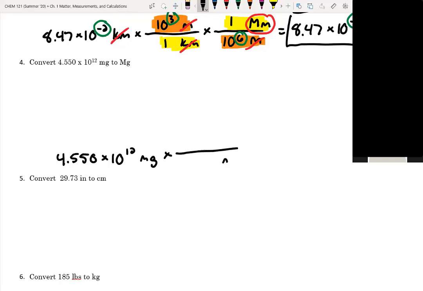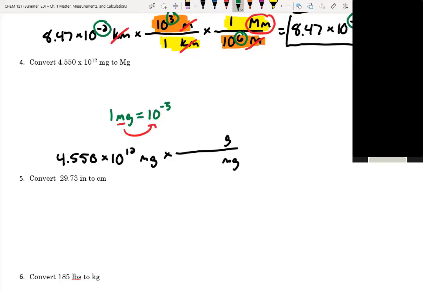So just like before, I'm going to put milligrams on the bottom, that way it cancels, and I always prefer to go to our base unit and then work my way back out. So I'm going to do a milligram to gram ratio here. Just like before, I'd say, well, what is 1 milligram? Well, milli, in this case, is going to be equal to 10 to the negative 3.